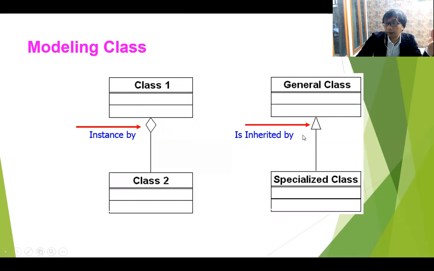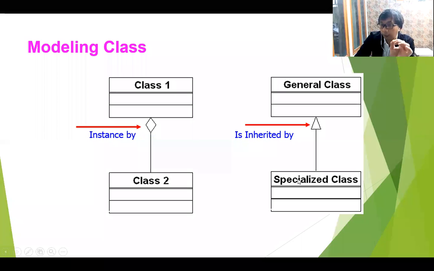And this symbol means that this general class is inherited by the special class. So we can say that this special class inherits from the general class. This is the superclass and this is the subclass. So the special class is part of, not part of, is a family of the general class.